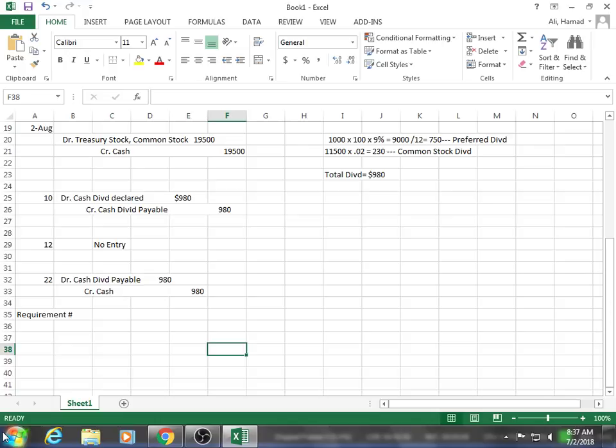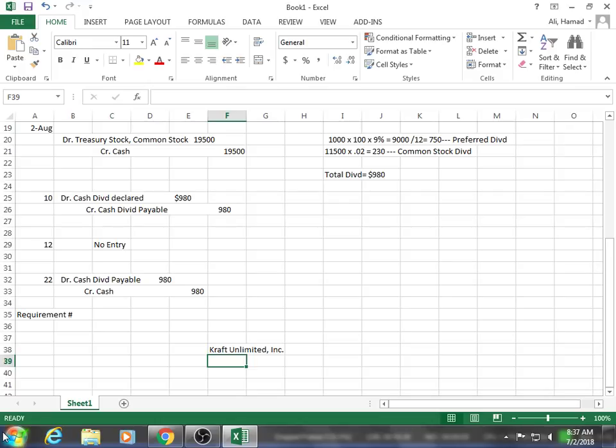Crafts Unlimited Incorporated, INC. Then we write down stockholders equity. It says prepare the stockholders equity section of a Crafts balance sheet.